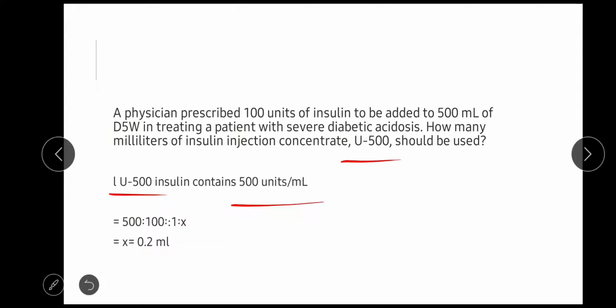We can again use ratio and proportion or dimensional analysis, the same procedure as in number 1. So our answer here is 0.2 ml, since we are still looking for milliliters.